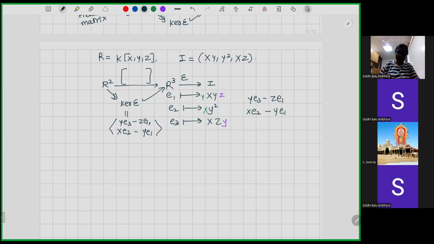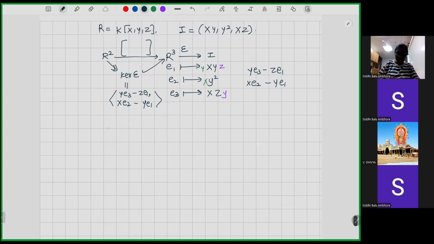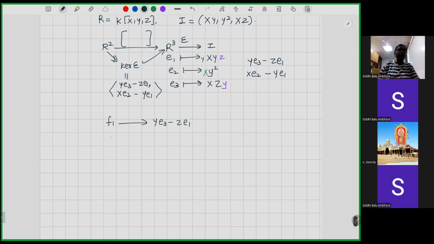F1 is going to y e3 minus z e1 and F2 is going to x e2 minus y e1.